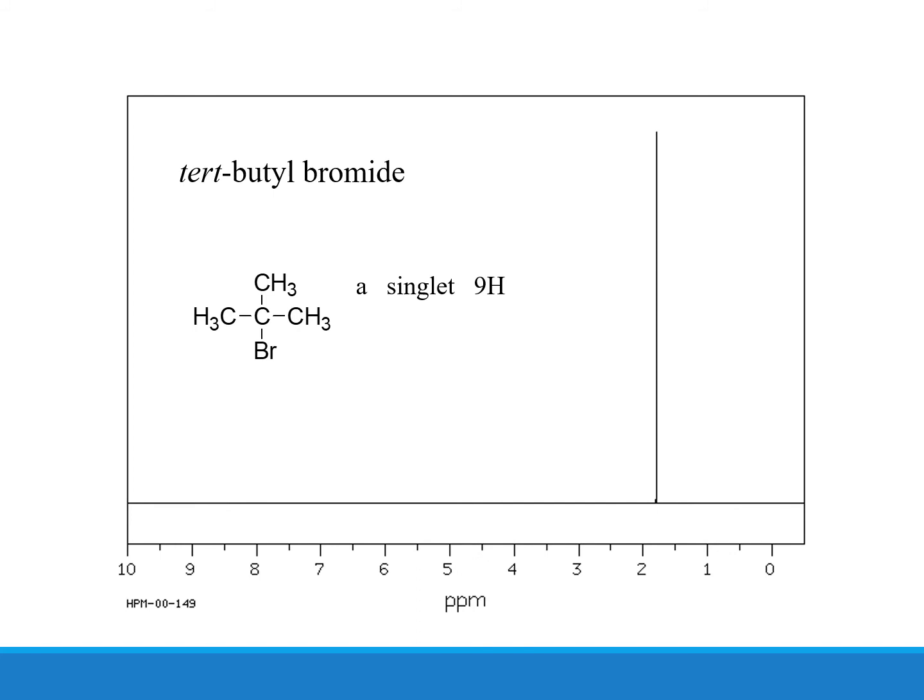For tert-butyl bromide, again you have 9 hydrogens in the same environment, and you will have a single peak as high as 9 hydrogens, right? So, as you can see, it's a very prominent peak appearing in the spectrum.